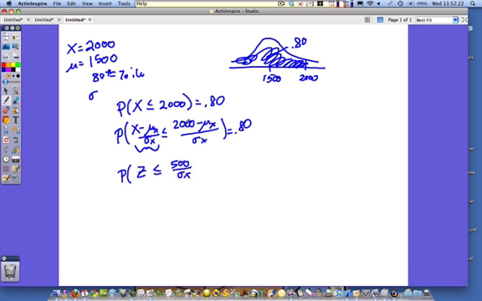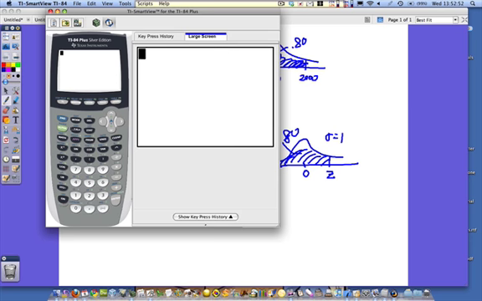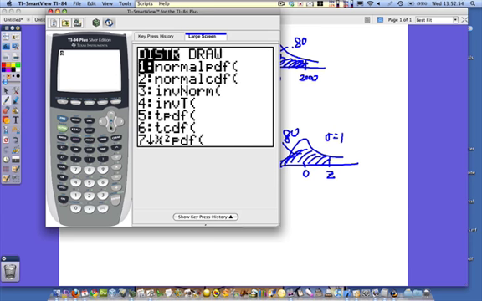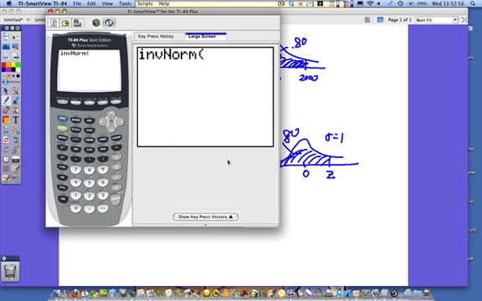So we'll get our calculator out and do second distribution, inverse normal, a left tail area of 0.8, comma 0, comma 1, enter.